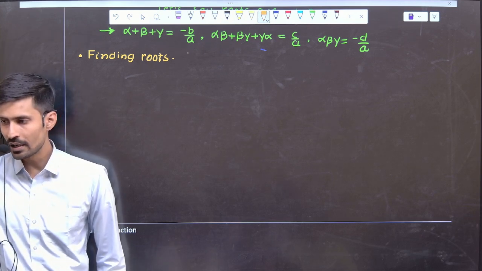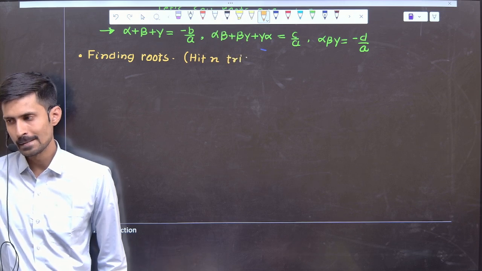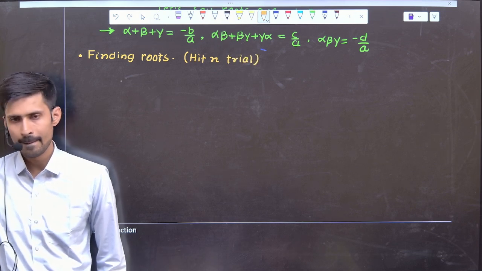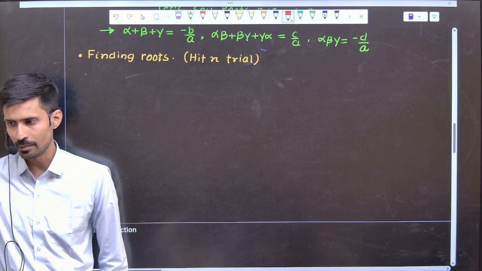That method is known as hit and trial method.